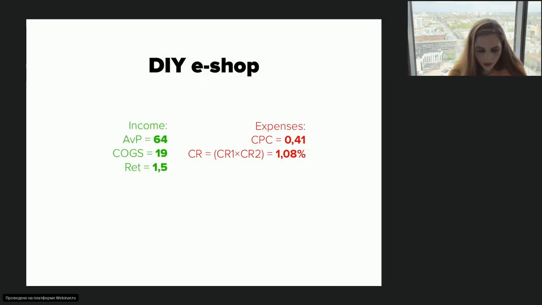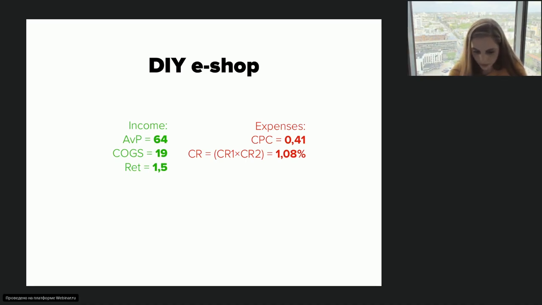So imagine that we are having a DIY shop, an internet shop, an online shop, and the average price of the transaction is about 64 euros. We have some margin, and the average retention is 1.5.